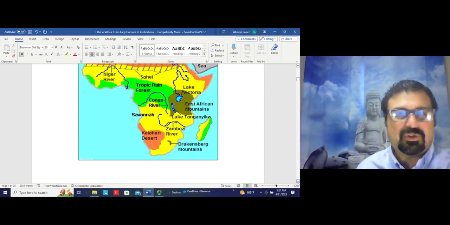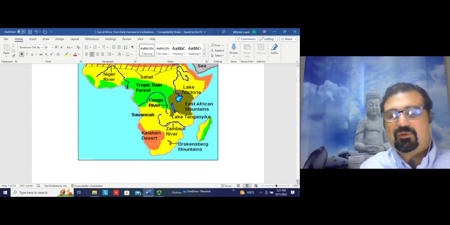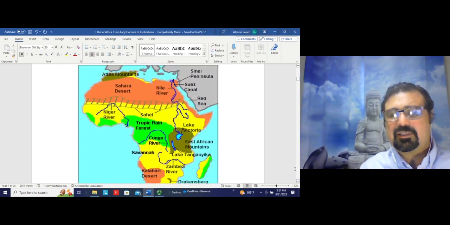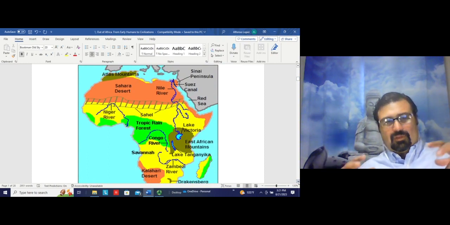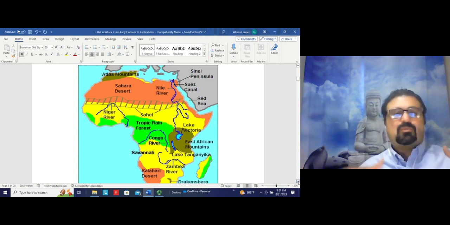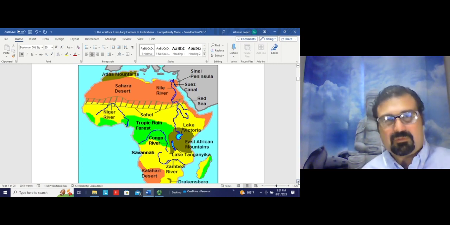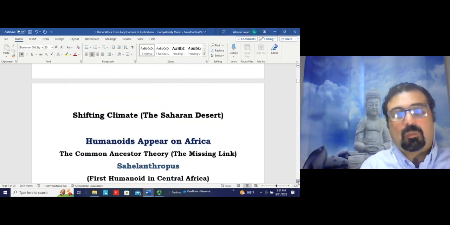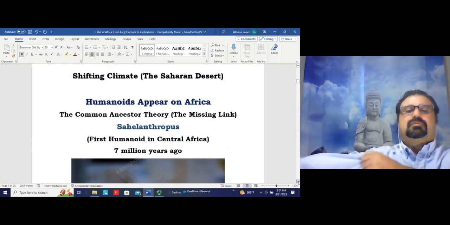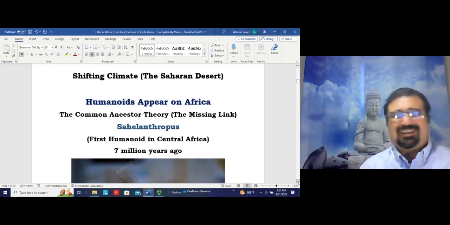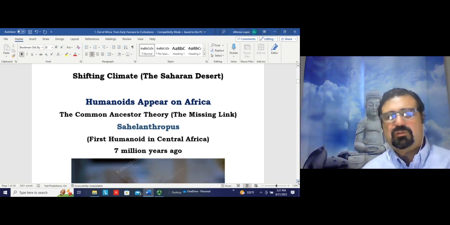And some desert regions in the south as well. Okay, so it is a very diverse continent, and understandably, this is going to be a continent that pretty much supplied everything that was necessary for the appearance of human beings. Okay, so this is the homeland, if you will, of humanity.